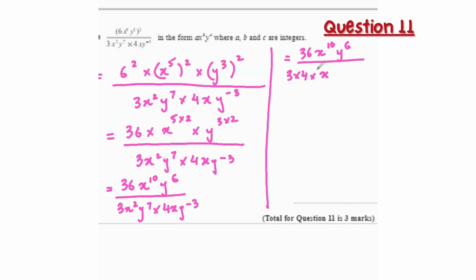Then we do x squared times x, then y to the power of 7 times y to the power of -3. So that is going to give us 12 times. Similar bases are being multiplied, so we add the powers. x to the power of 2 plus 1 times y to the power of 7 minus 3.